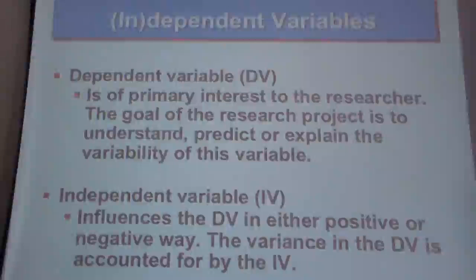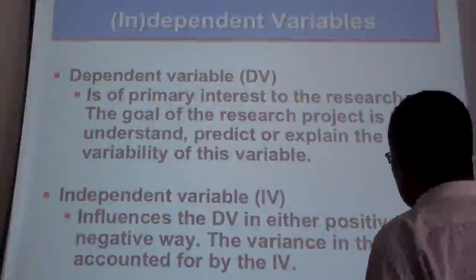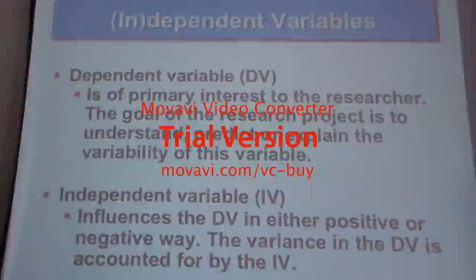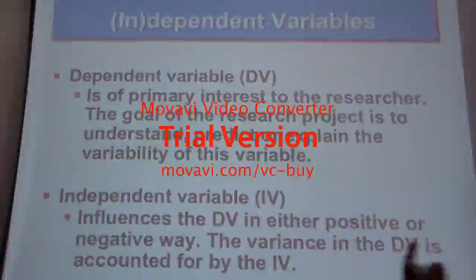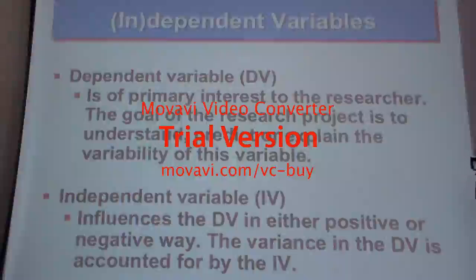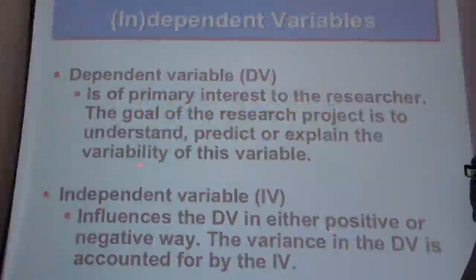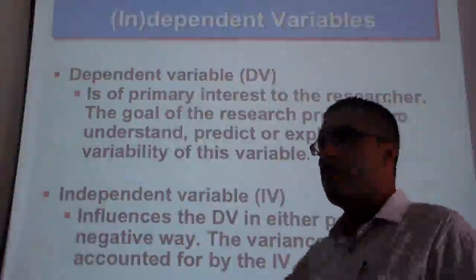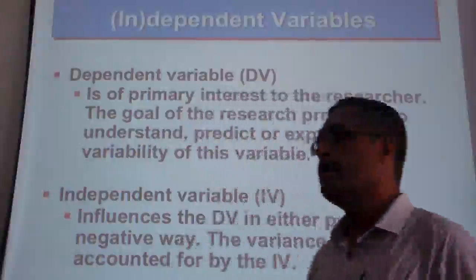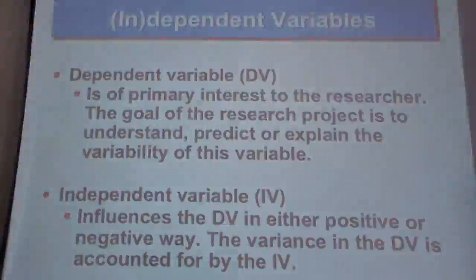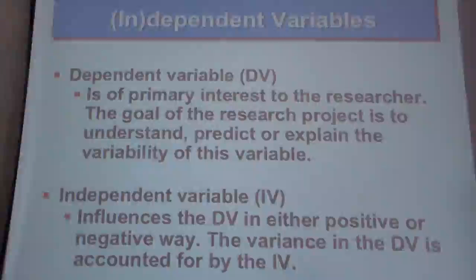So this is the main variable in our research. We do the research in order to understand, predict, and explain the variability of this variable. So the focus of our study is on the dependent variable.